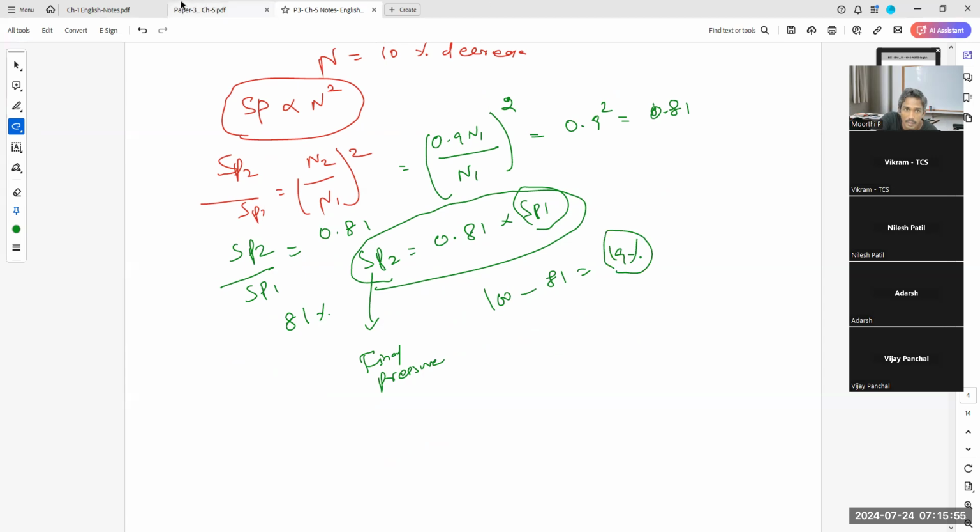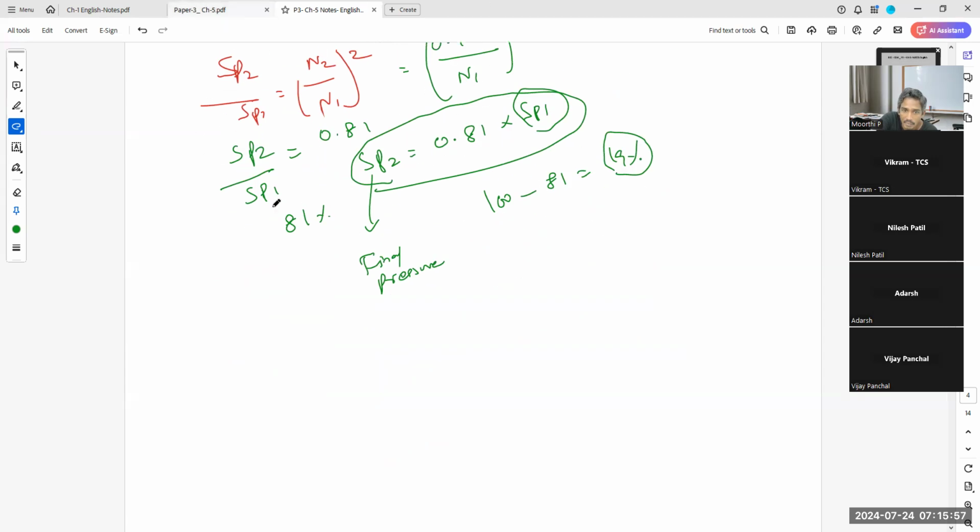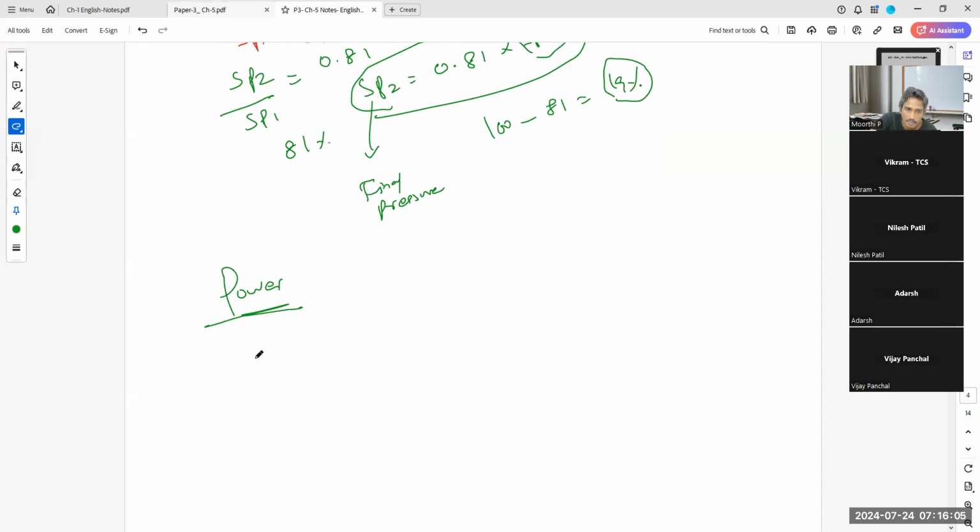Very, very important. Next, the formula for power. What is the equation related to power? Power is directly proportional to N cube. Now speed, same 10% decrease.